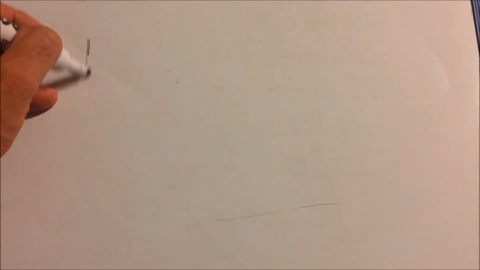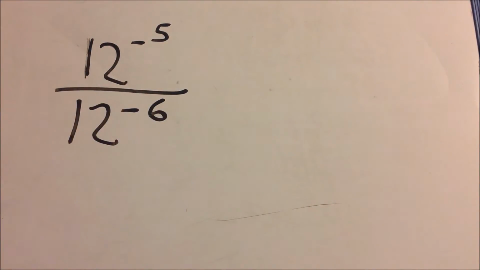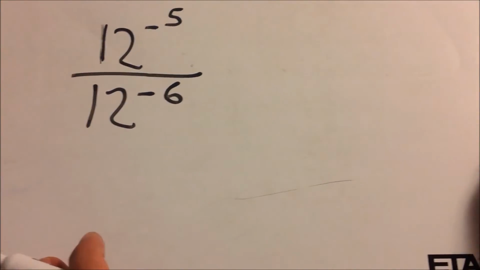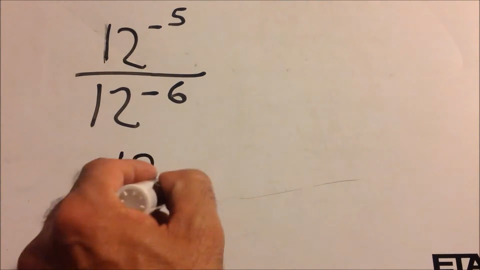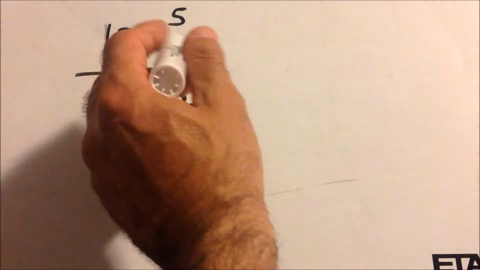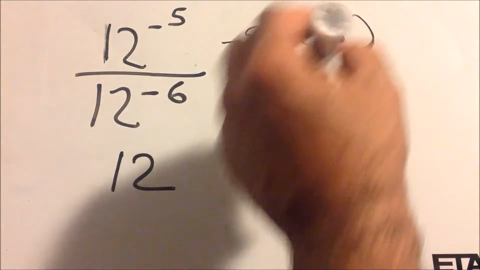Okay, let's do a division problem. Let's say I had 12 to the negative 5 divided by 12 to the negative 6. Okay, so we have the same base, so we can keep the base as 12. And there's two things we can do. I'll show you the first one. First, it's negative 5 minus a negative 6.